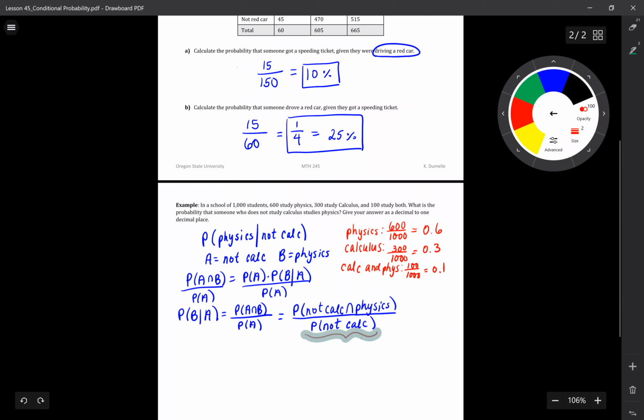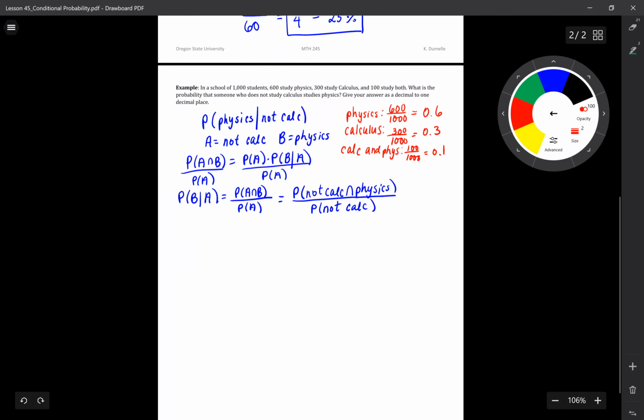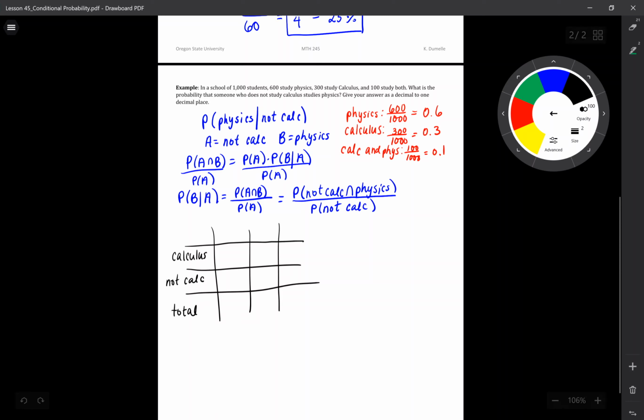So I'm going to draw a table similar to the previous example. Let's draw this. We will have calculus, how many students are taking calculus, how many students are not taking calculus, and the total here. So that is going down. And then on this other side, we'll have physics, not physics, and total.